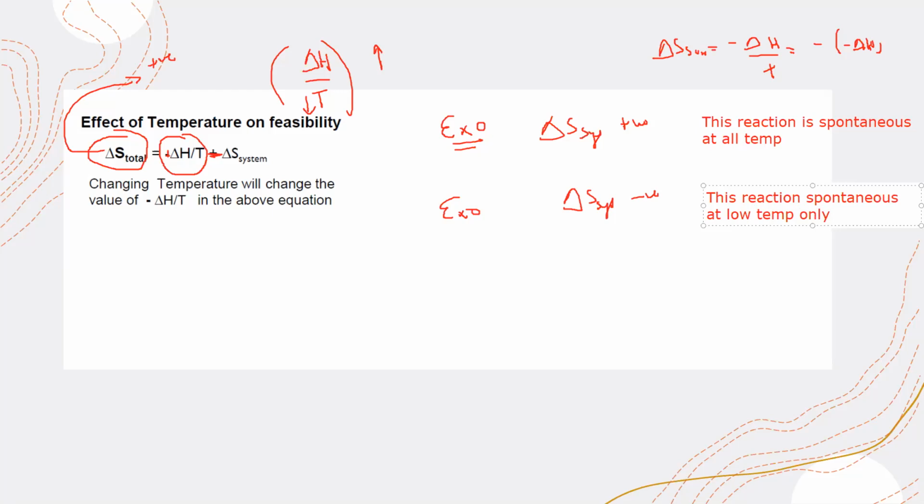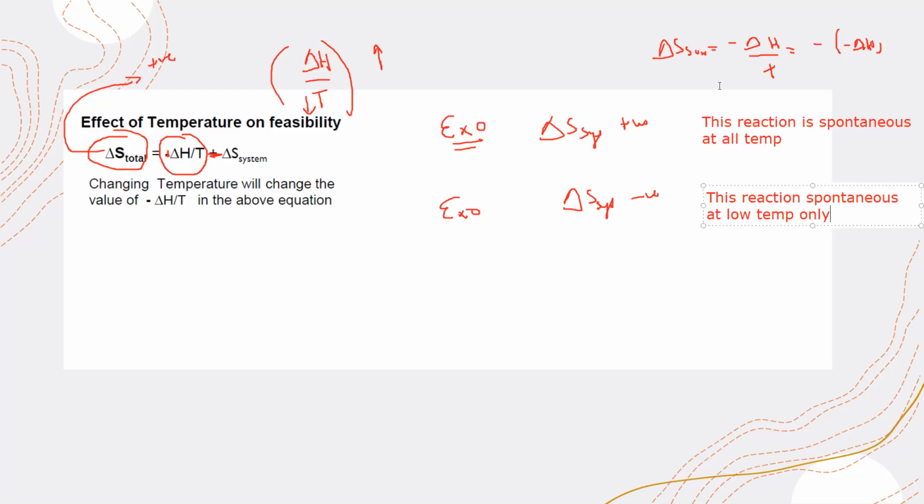So for a reaction, if the entropy of a system is negative and the reaction is exothermic, then it will be spontaneous at low temperature. This is when the reaction is exothermic and the entropy of the system can be positive or negative. So if a reaction is exothermic and the entropy of a system is also positive, that reaction will occur at any temperature.